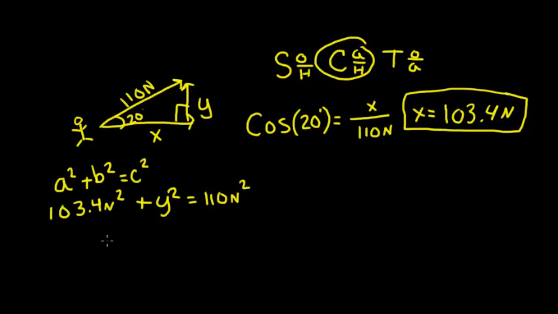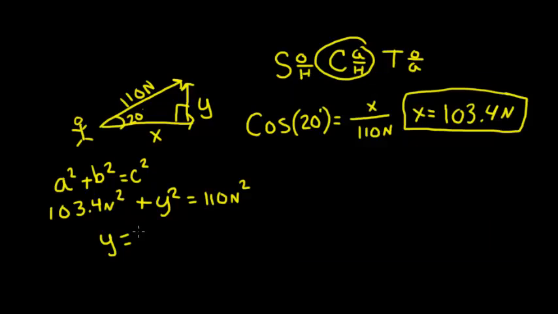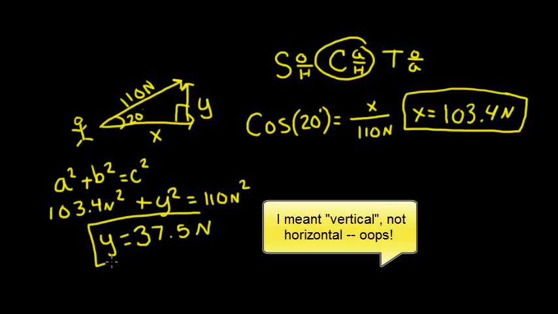So after punching that in the calculator, we find y equals 37.5 newtons. And this is the vertical vector.